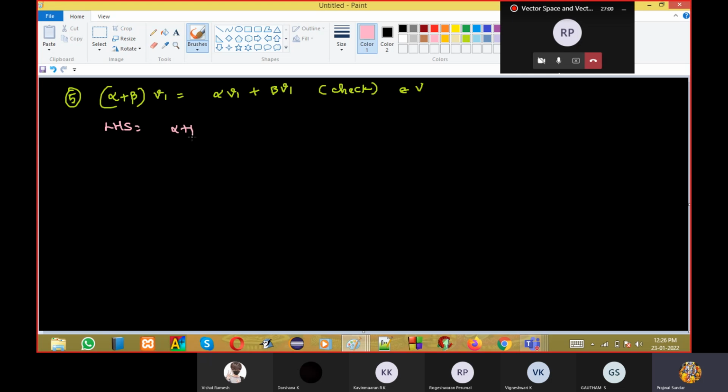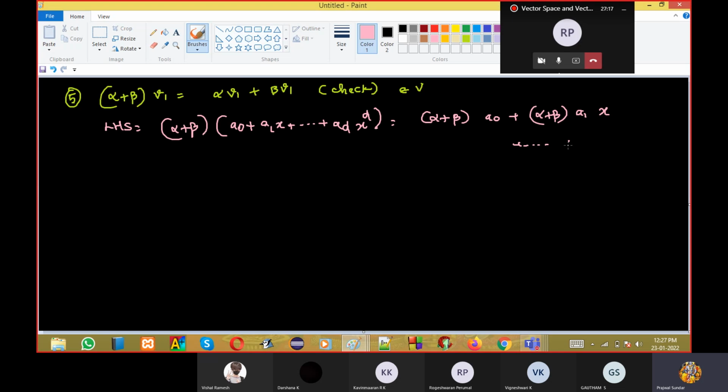LHS will be alpha plus beta into v1. v1 is a0 plus a1x till ad x power d. This will be equal to alpha plus beta a0 plus alpha plus beta a1x till alpha plus beta ad x power d.